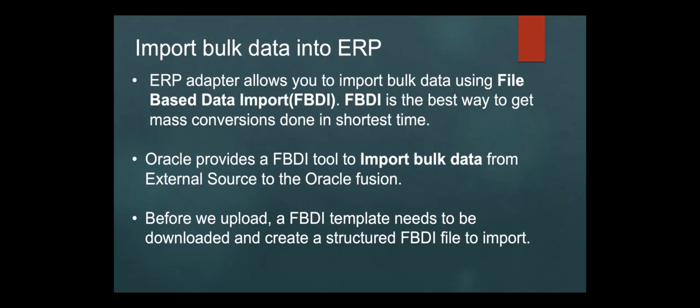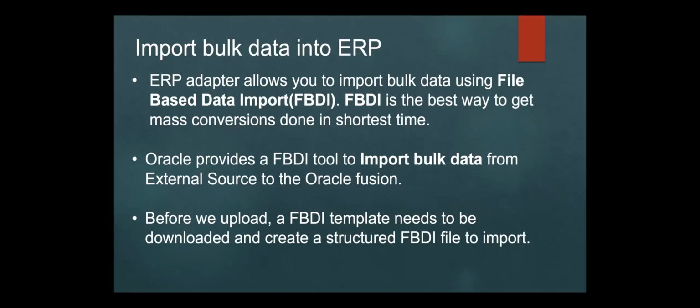It is a simple properties file with the extension dot properties, wherein you need to mention 4, 5, 6, 7, 8, or 9 values, and maybe more depending on the job which you want to kick off. Then bundle the FBDI file and the properties file into a single zip file, and kick off your ERP adapter and call the FBDI job.